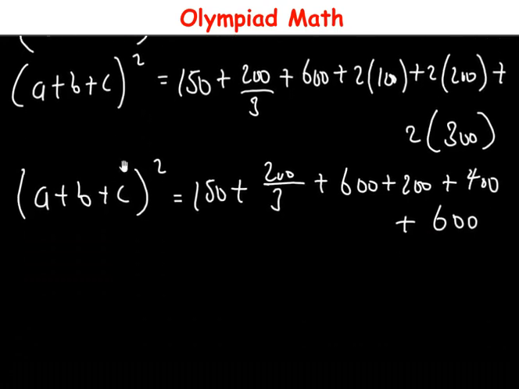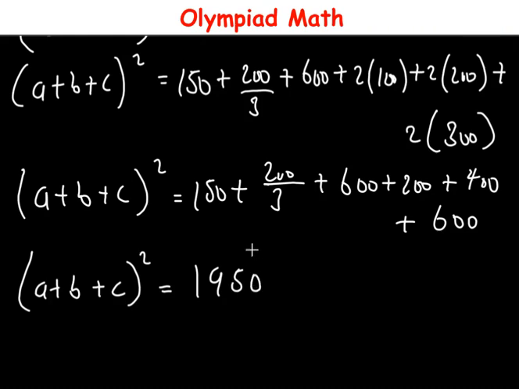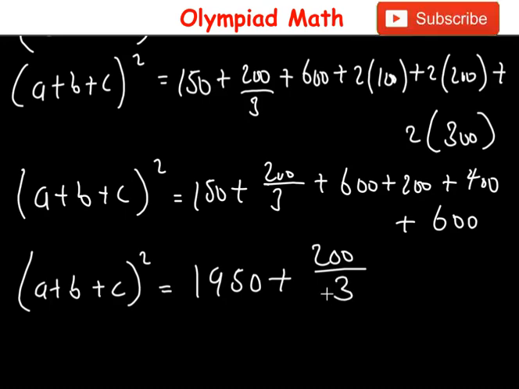So from here, we have the value of A plus B plus C all squared to equal 150 plus 600 plus 200 plus 400 plus 600, the value equals 1950. Then we have plus 200 over 3. And with this, we can write down 1950 as over 1.